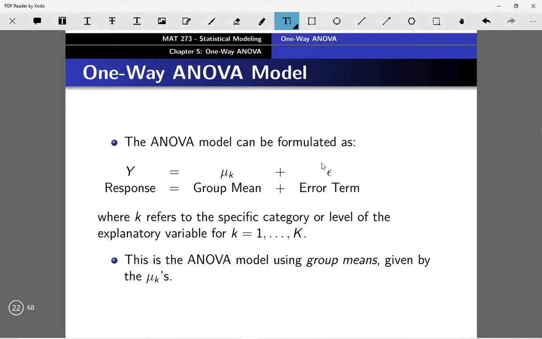We assume they are random fluctuations around this average GPA within Augsburg. So in other words, each response is equal to the overall group mean for that specific group plus some error or noise. So this is called the group means formulation of the Anova model.